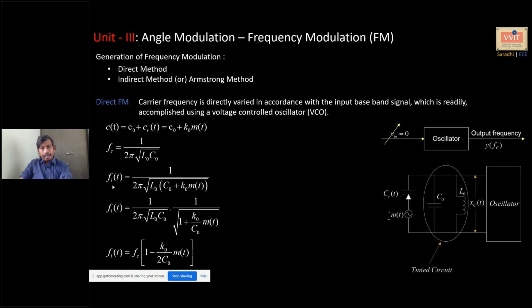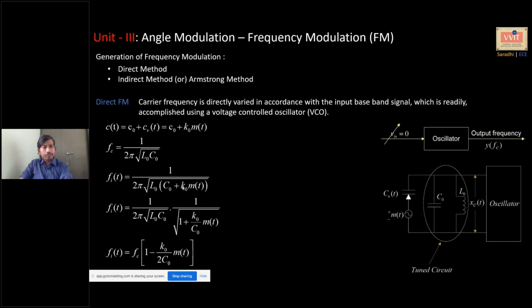Now, as this message signal becomes positive, negative, or increasing, decreasing, the instantaneous frequency can be obtained based on this formula, where it is L0 of C0 plus K0 M of t, where K0 is a sensitivity factor which converts voltage into an equivalent capacitance.